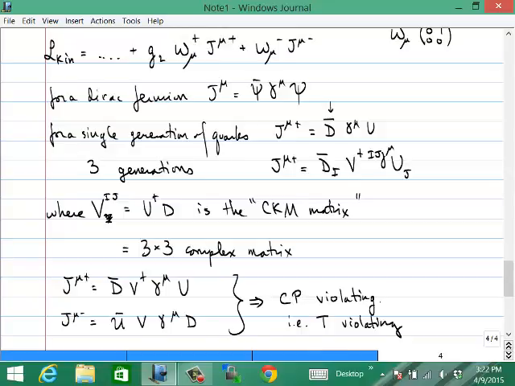It's only, in fact, under the combination C, P, and T that the standard model is invariant. In fact, there's a deep and famous result in quantum field theory that any unitary theory needs to be CPT invariant under charge conjugation, parity, and time reversal simultaneously as a consequence of Lorentz invariance. But it need not be invariant under any one of those symmetries individually.